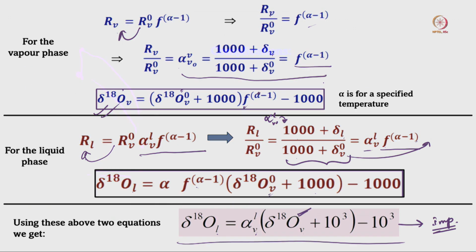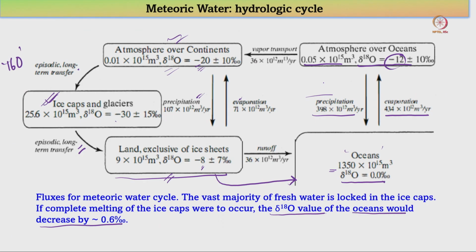So, when I melt all these ice caps into my ocean, all this 16 oxygen is going to come in, 16 oxygen rich melt water. So now the ocean is 16 oxygen rich as compared to my 18 oxygen supply.